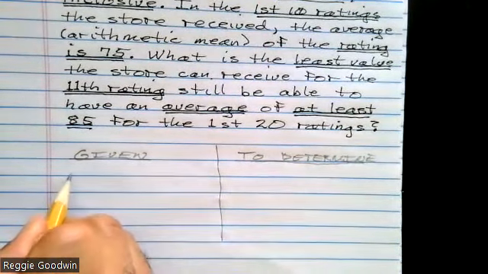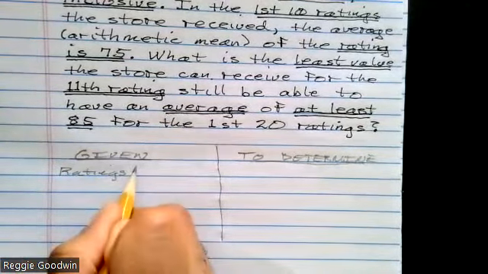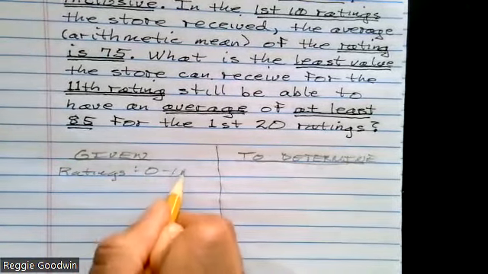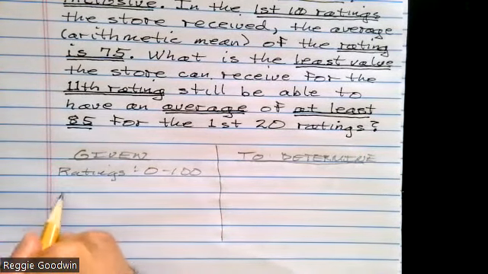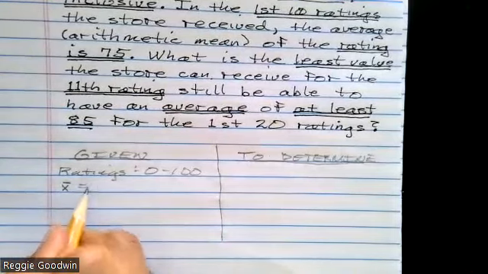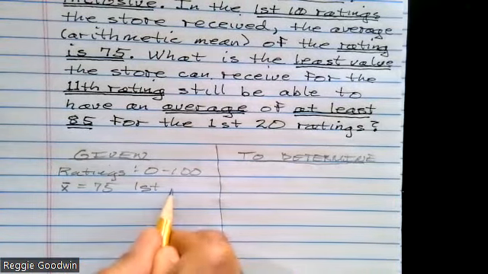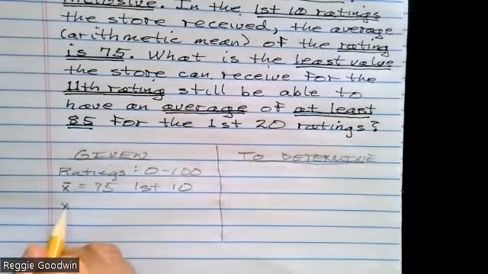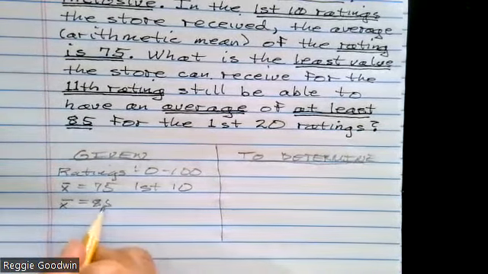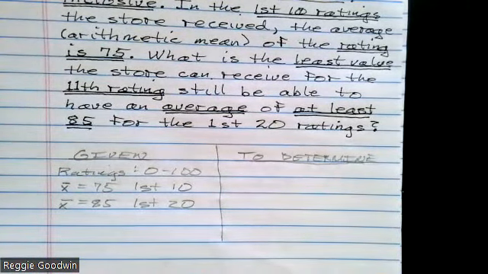So look at what I've underlined up here. You got ratings of 0 to 100. And then you got an arithmetic mean, that's what this X bar means, of 75 for the first 10. And then you got an arithmetic mean of 85 for the first 20. And what do you want to find? That's what to determine means.